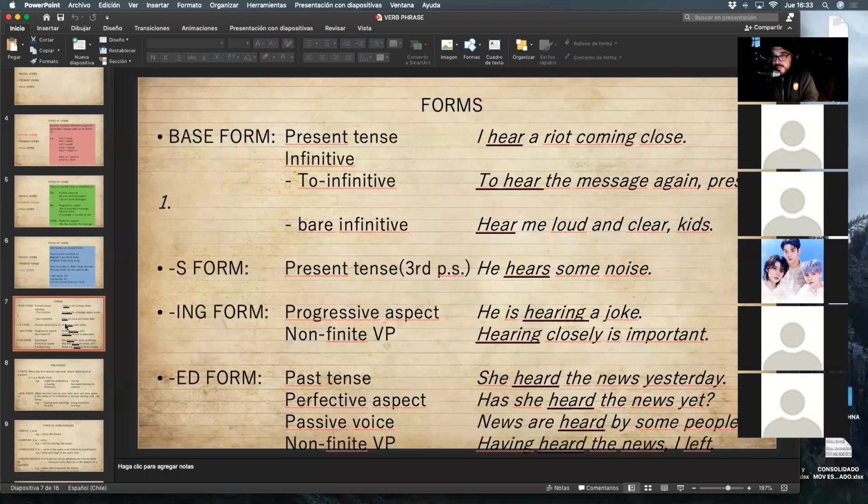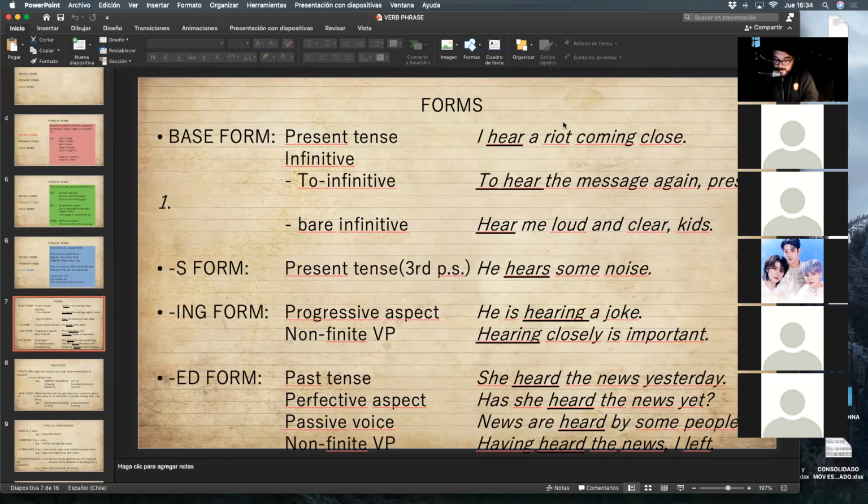I can see that the verb phrase is here, and that the verb head is written in its base form because there's no inflection in it. The base form is also used to represent the idea of non-finiteness, in this case with two different forms, the to infinitive and the bare infinitive, right?